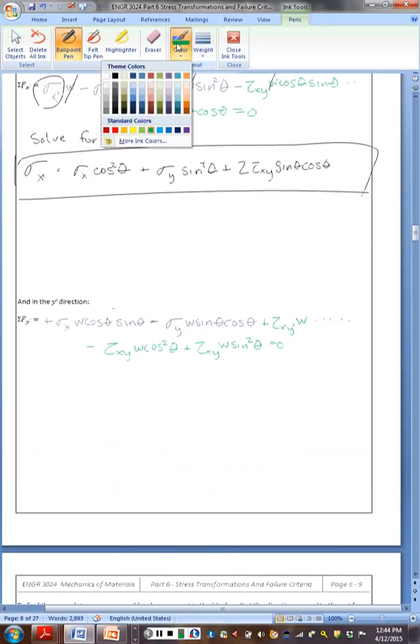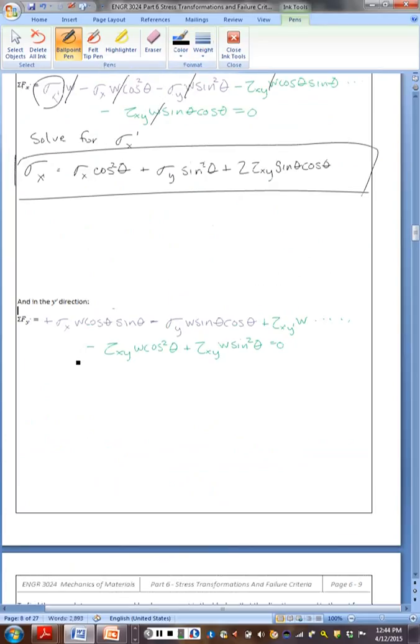And now instead we solve for our shear stress in our new coordinate.